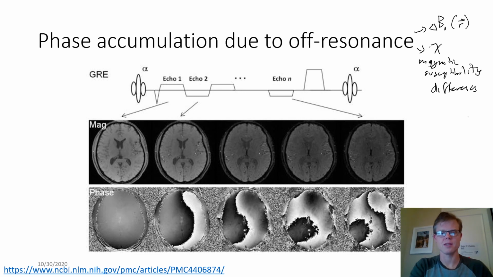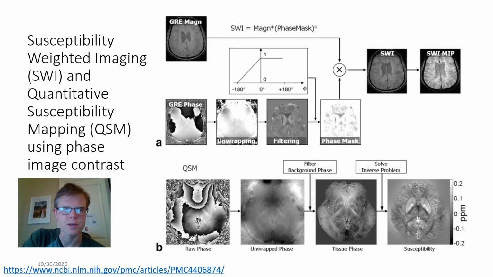And you can see in the bottom image here, there's both this large pattern of phase accumulation, probably the delta B terms, but you can also start to see some structure in here. It's a little bit hard to see looking at the raw phase images here. But what we can do is a technique called susceptibility weighted imaging.